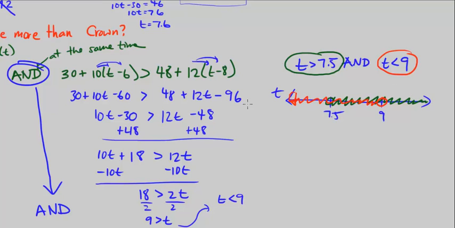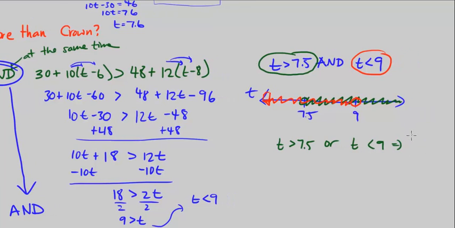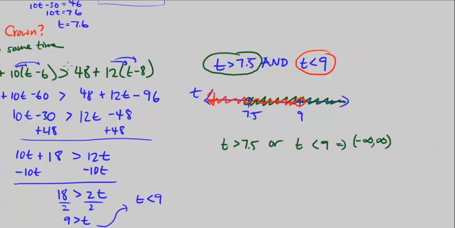If we looked at OR for a second, what if this was OR? T greater than 7.5 or T less than 9? You would look at this whole number line and ask where it is shaded in. It's shaded in everywhere, so this OR would become negative infinity to positive infinity, because you look at everywhere. Even this point is shaded in using T is greater than 7.5. But if you're looking for and, it means where are they both shaded in?